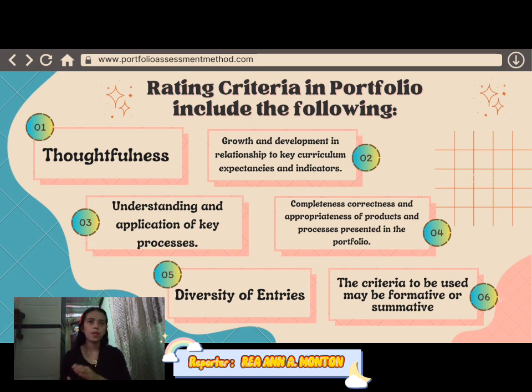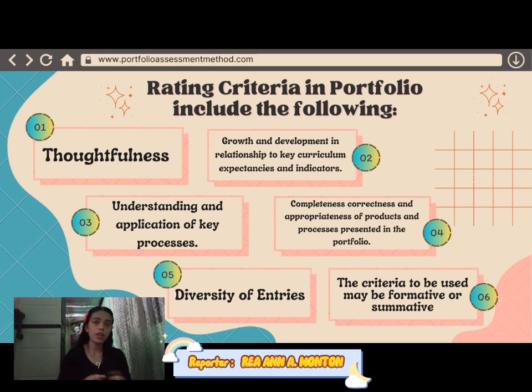So the appropriateness is like the cleanliness, how organized your portfolio is in organizing the different contents of your portfolio. So this is one of the criteria of rating: the completeness, correctness, and appropriateness of products and processes presented in the portfolio.